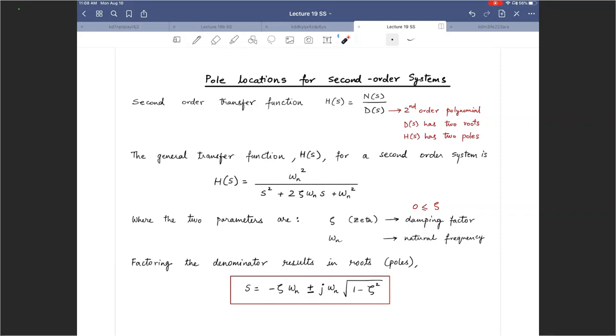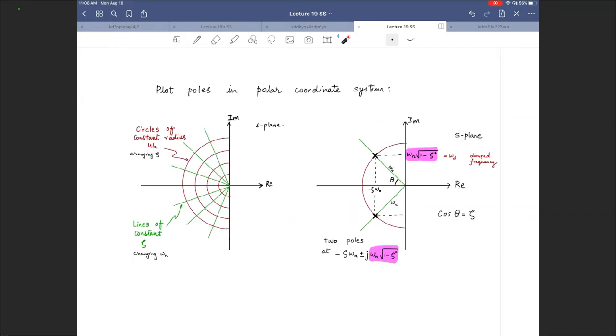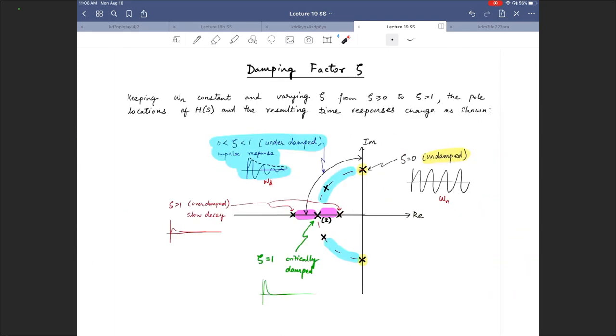But if you say I will fix one and then change the other, then you can see those lines and constant circles coming in. When you change only zeta for a particular omega n, that's when your poles will start moving in that way.